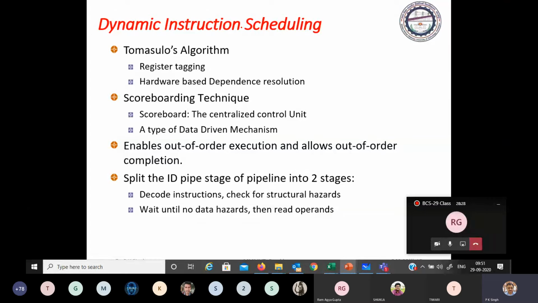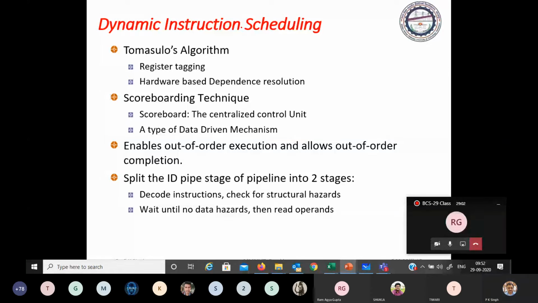After decoding, you have to fetch the operands, okay, and for that you may have to wait, okay, and if operands are not available, the instruction does not get executed.